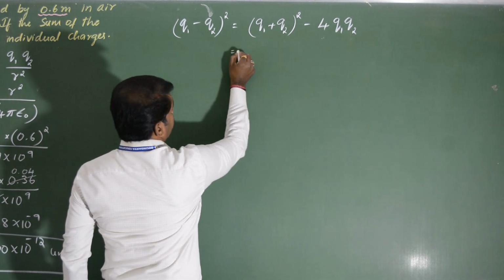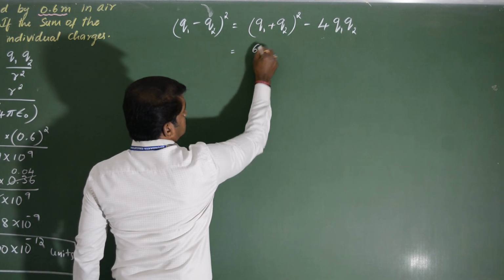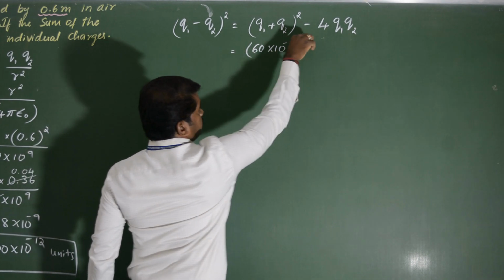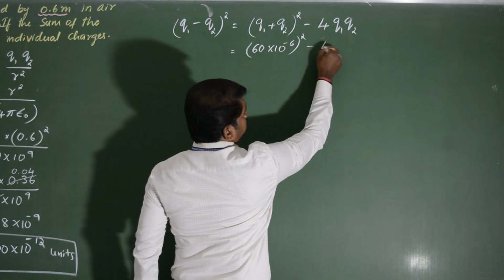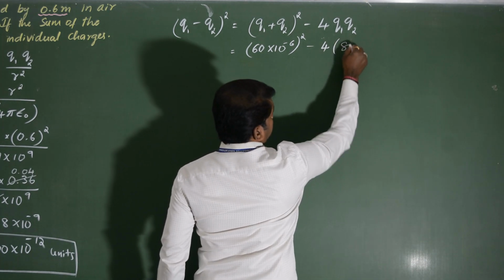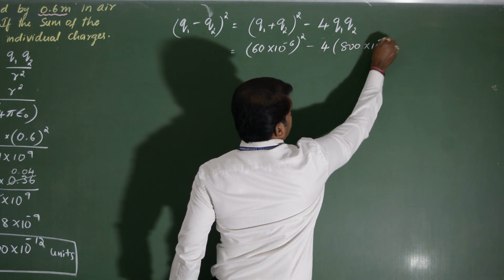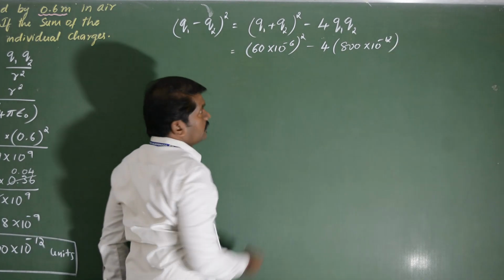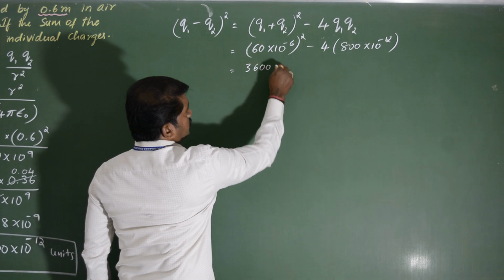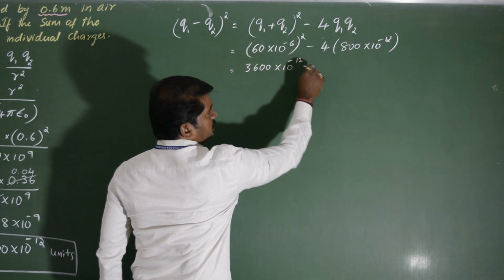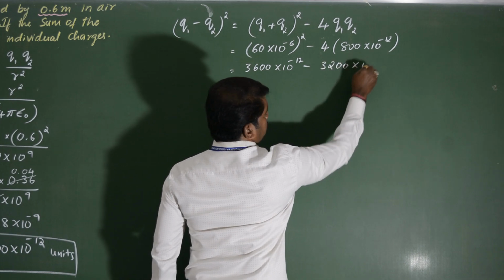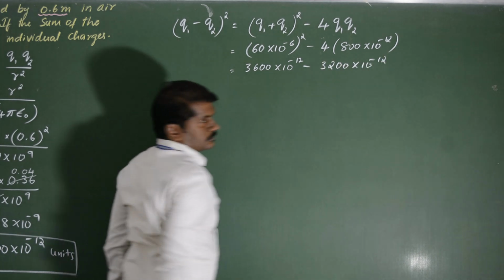This becomes, we know that (q1 + q2)² is (60 × 10⁻⁶)² minus 4 times the product of q1 and q2, which we know is 800 × 10⁻¹². If I solve this, it becomes 3600 × 10⁻¹² minus 3200 × 10⁻¹².